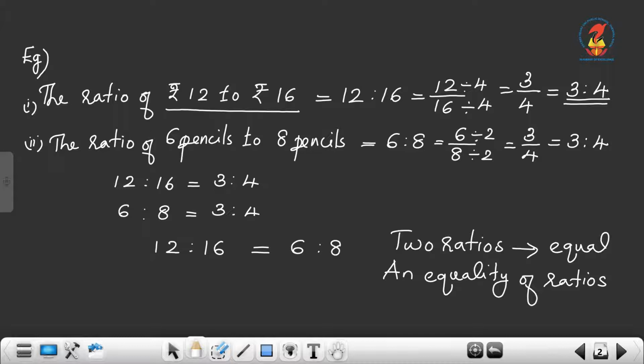Here the two ratios are equal. Therefore, we can say that the four quantities 12, 16, 6 and 8 are in proportion.